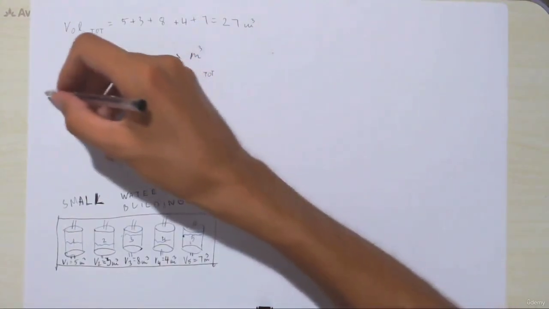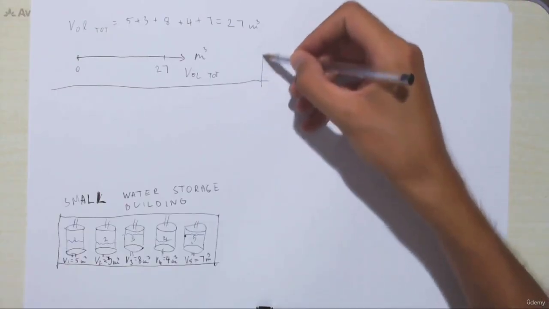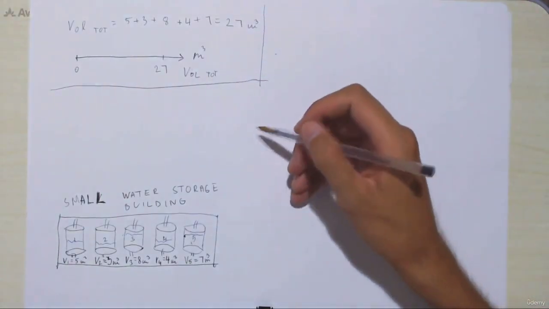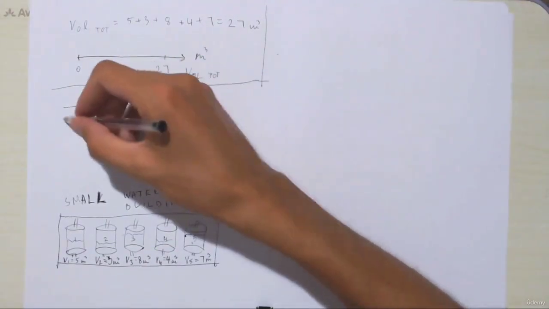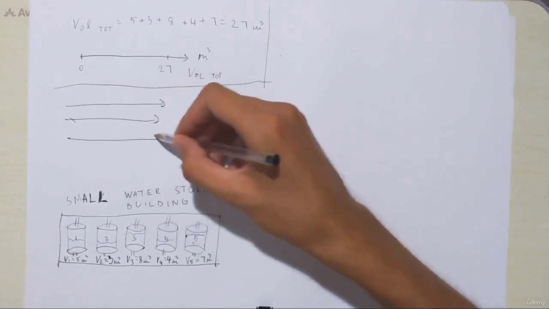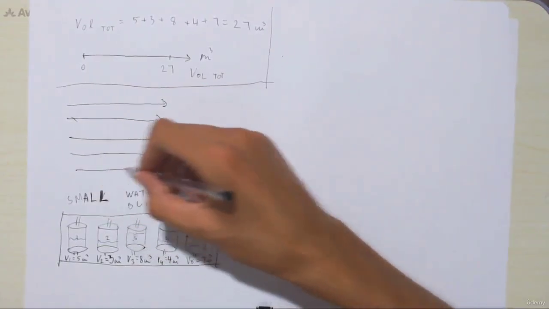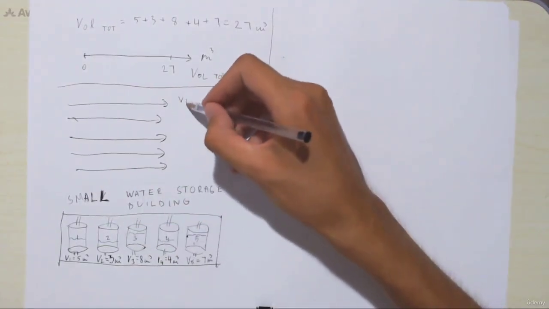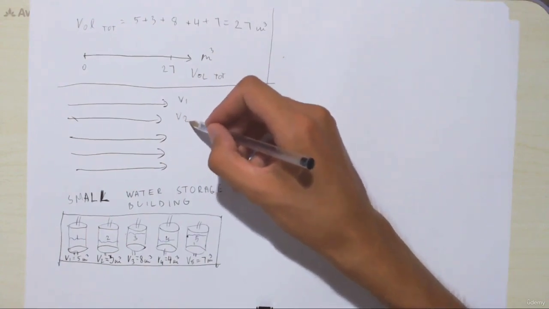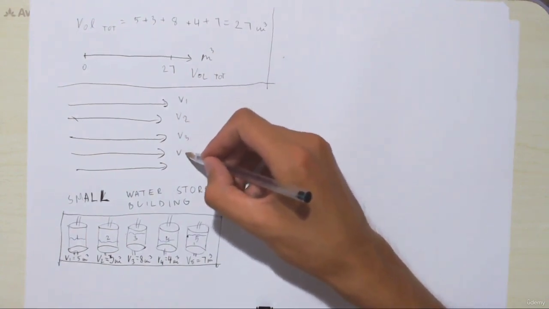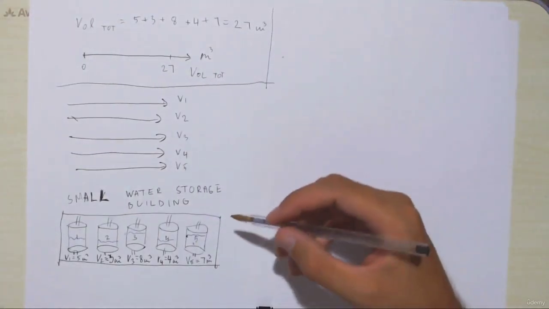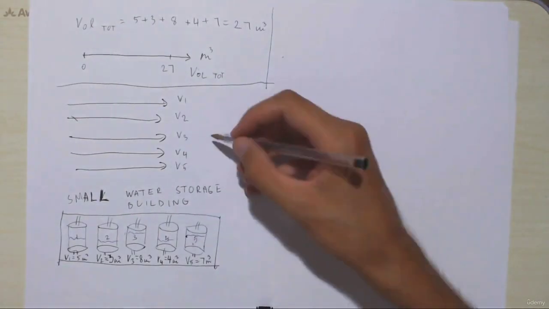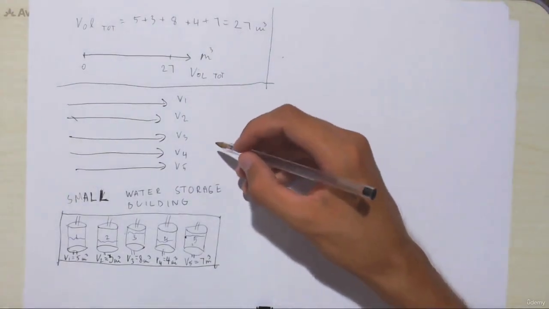However, what if your objective is to know how much volume of water you have per tank? Now for that, you need 5 number lines, right? You need 1, 2, 3, 4, and 5. So you have tank 1, tank 2, tank 3, tank 4, and tank 5. And in order to represent the volume of water per tank, again, you would use a vector for that.